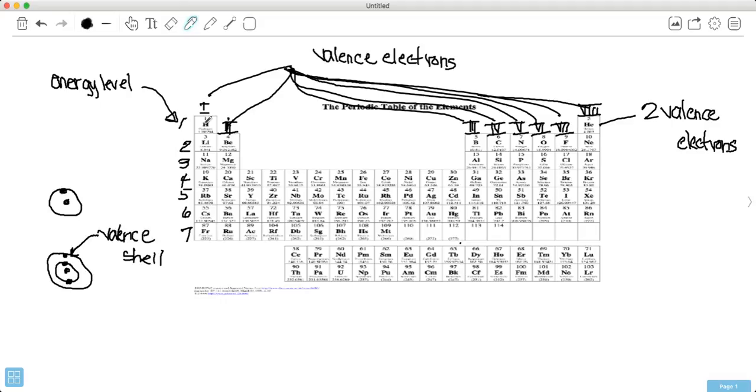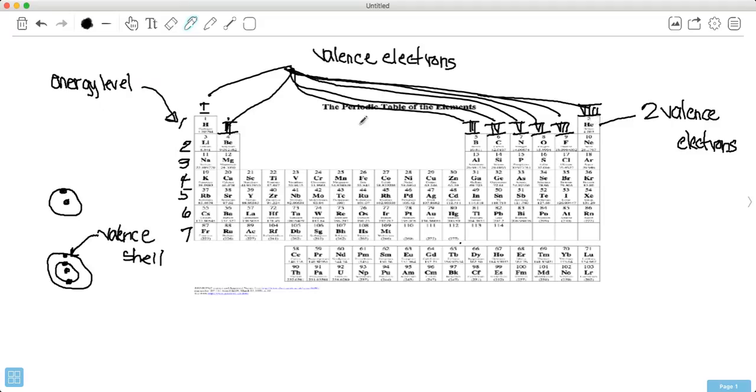So every element in group 1 has 1 valence electron, and every element in group 2 has 2 valence electrons, 3 valence electrons, 4 valence electrons, 5, 6, 7, and 8, with the exception of helium, which only has 2 valence electrons.